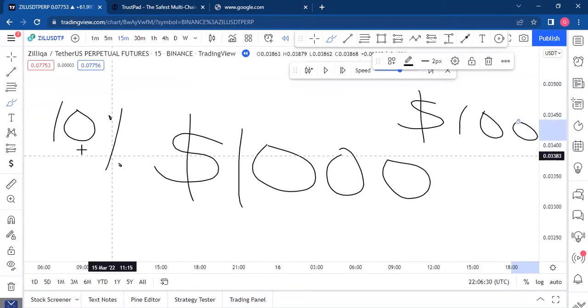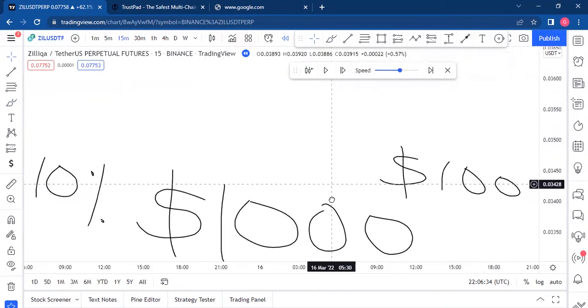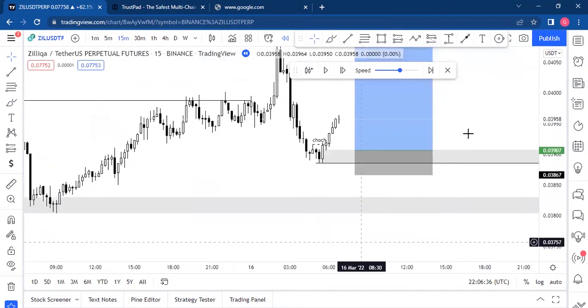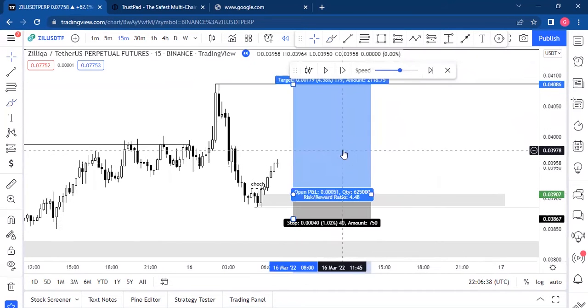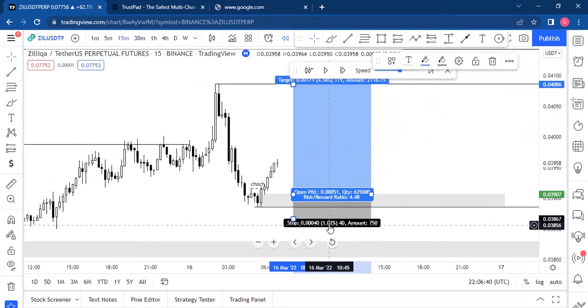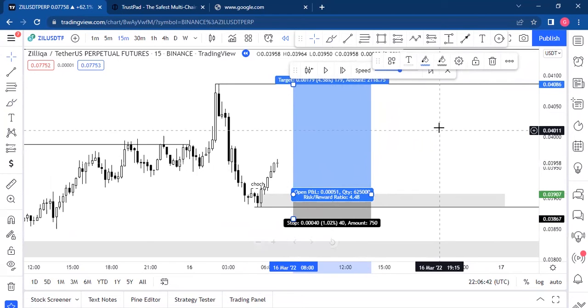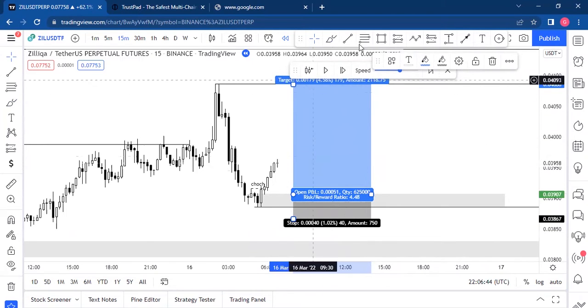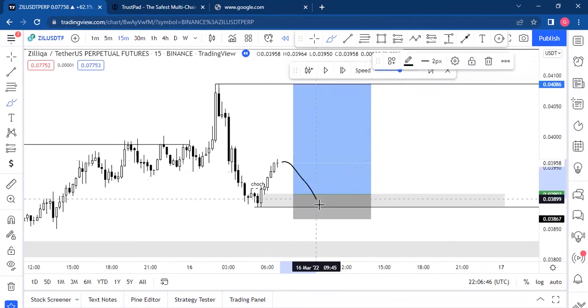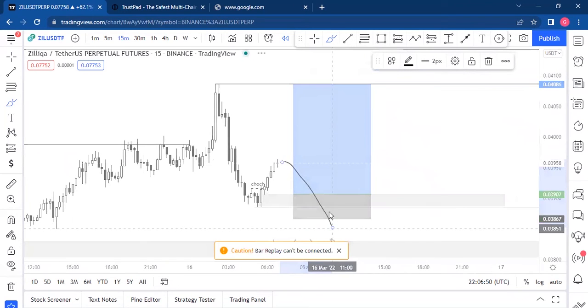So let's go back to the trade now. We have a $1,000 portfolio, and we're trying to risk 10% on this particular trade. You can see that our risk to reward ratio, our stop loss, is 1%, meaning that if the price reverses and doesn't go in our favor, the stop loss will kick us out of the trade.